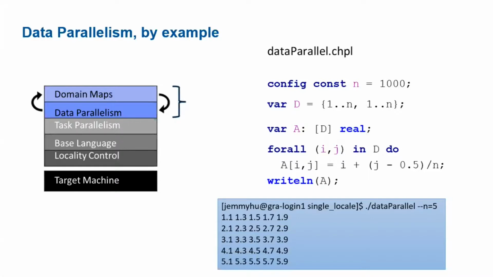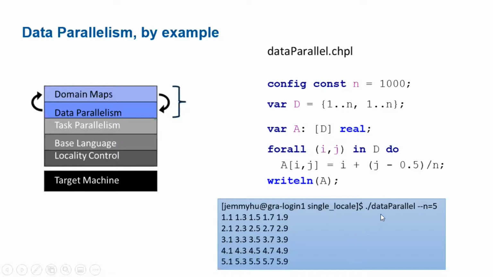The domain maps are the way for you to run data parallelism across nodes. So this defines a domain, and then you define an array, and then you can use a forall to do local parallelism, changing the values for each element, and you can write it out.